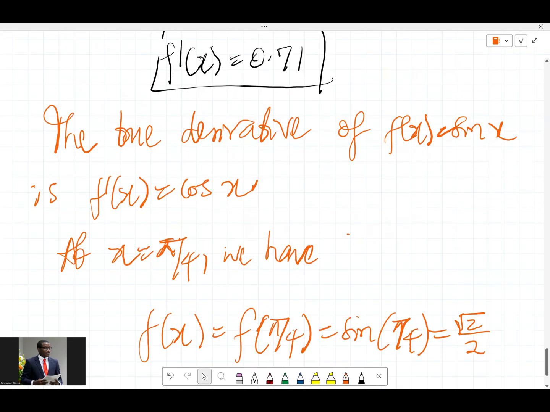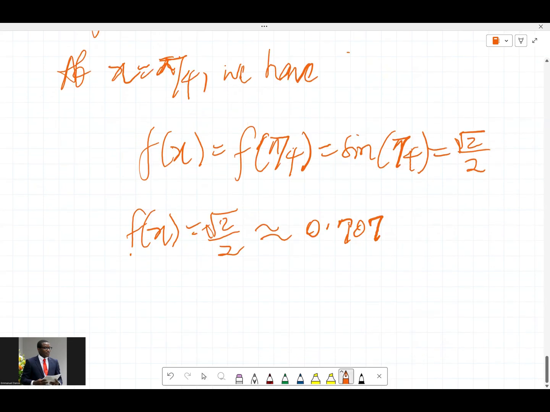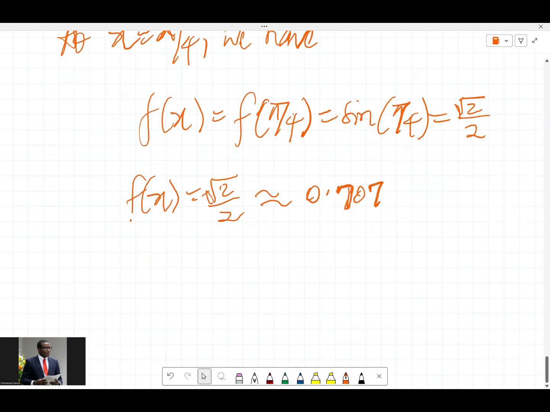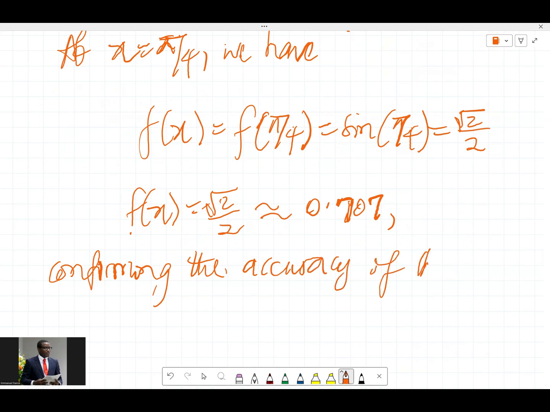To 2 decimal places, it's almost there, right? 0.7071 is like 0.71. So this is confirming the accuracy of the central difference method.